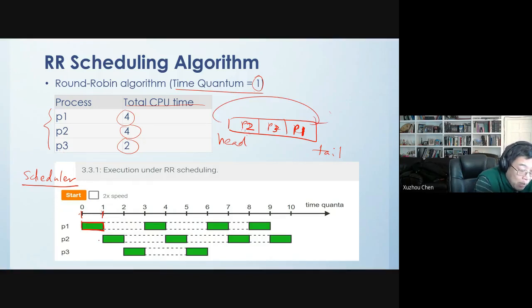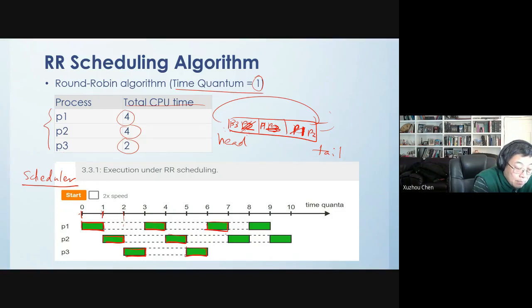Then process 2 starts to run. Once it runs for 1 time quantum, it finishes at 2, and process 2 is moved to the tail. Process 1 moves forward, and process 3 is at the head, so the next one is process 3. Then another round.